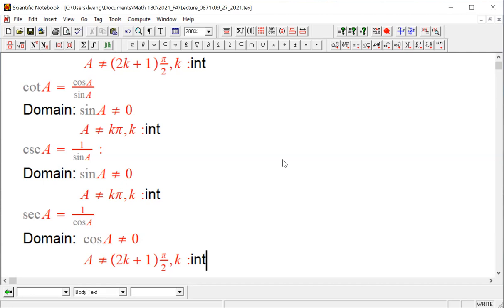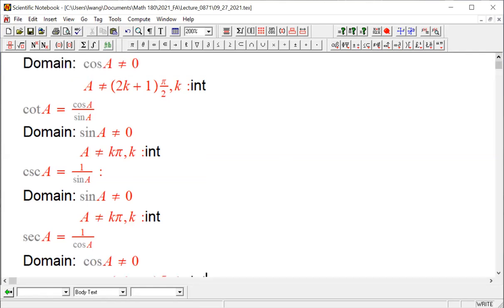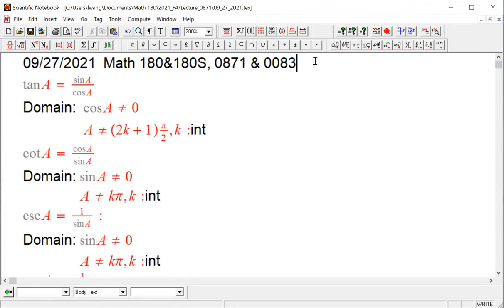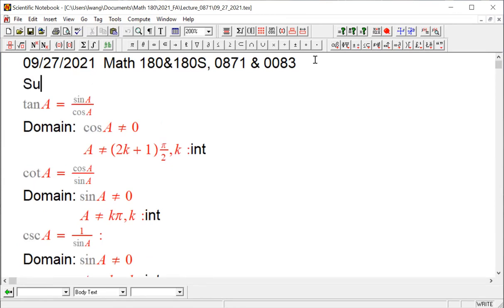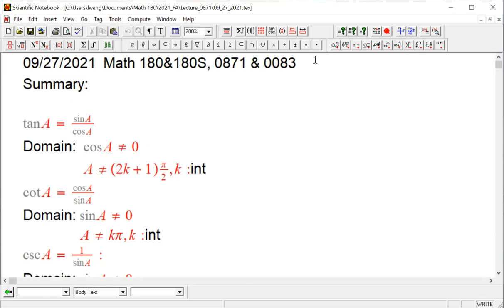Does everybody follow me? So let's summarize these domains, just on domains. You can see that logical connection, from the definition.